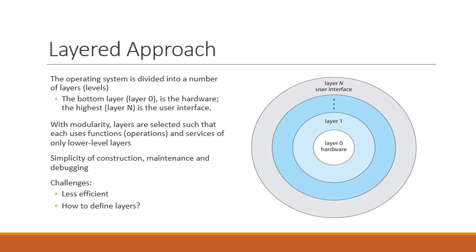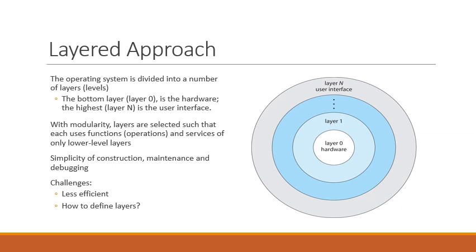Once this layer has been implemented, programmers can move on to the next layer. They can start implementing the layer 2. Layer 2 will use the services of layer 1 only. And so on, the operating system designers can design the rest of the operating system.